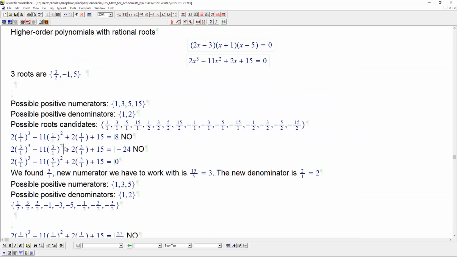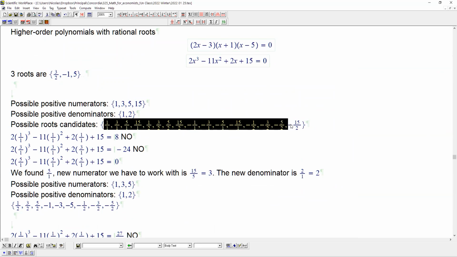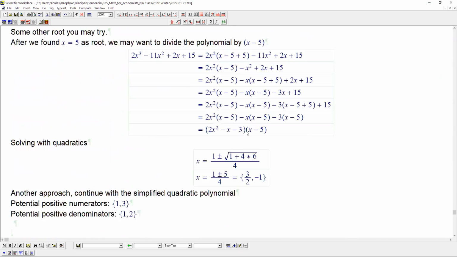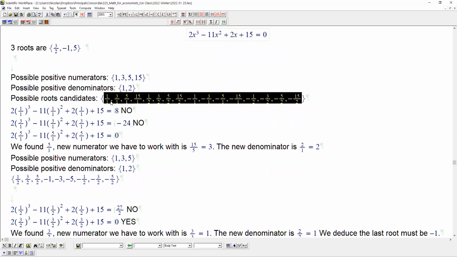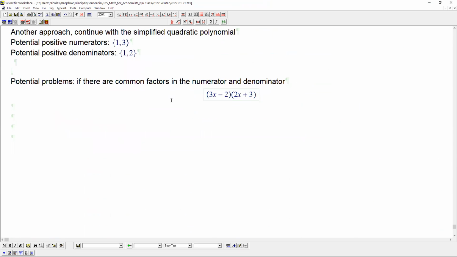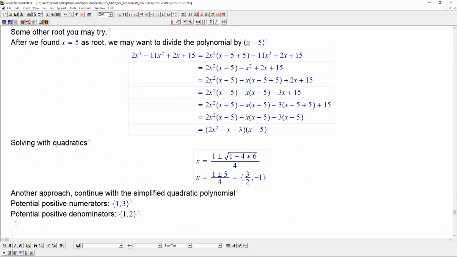So you still have to look at all the potential candidates. Once you have one root, it gives you one factor, x minus 5. So you know that you can divide by x minus 5 and you get a simpler thing.